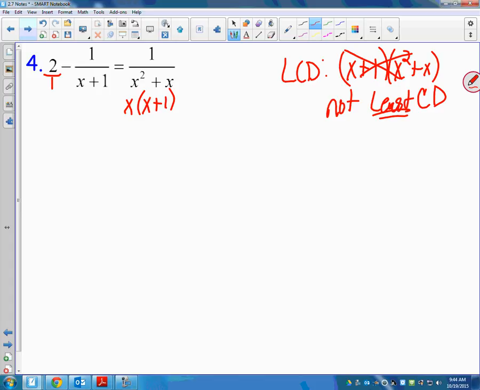And then my least common denominator, what do they have in common? Well, they both have an x plus 1, so I only need one of them, right? I only need one x plus 1 to take care of that. But I also need that x right there because it's not in with the x plus 1. That is your least common denominator. This is just a common denominator, not the least one.